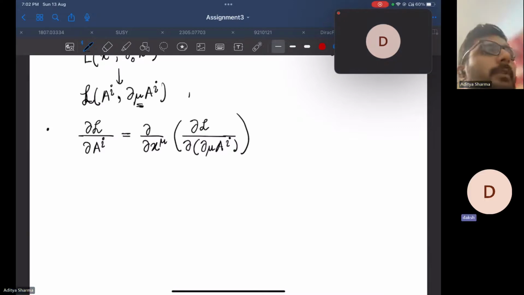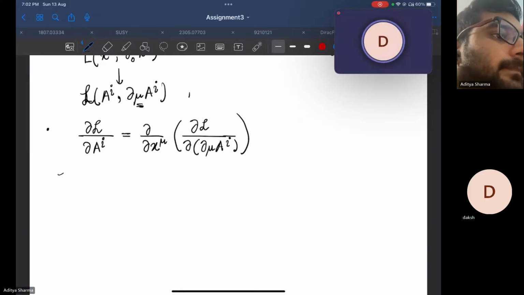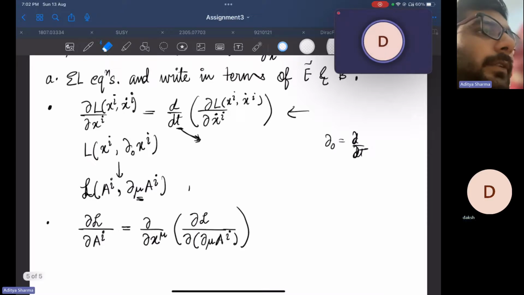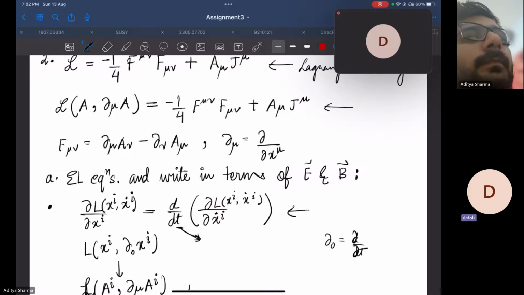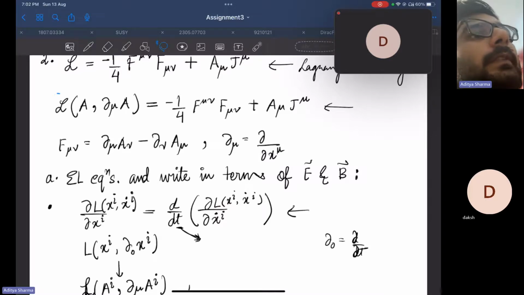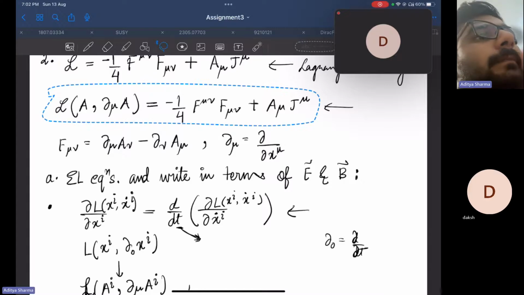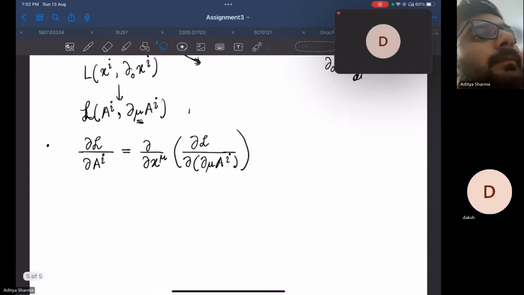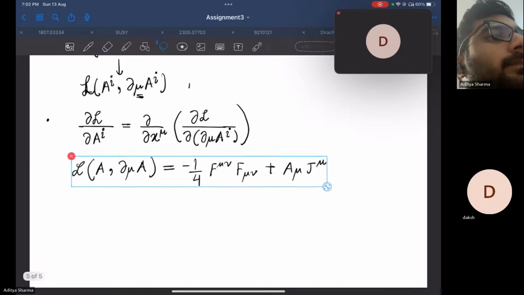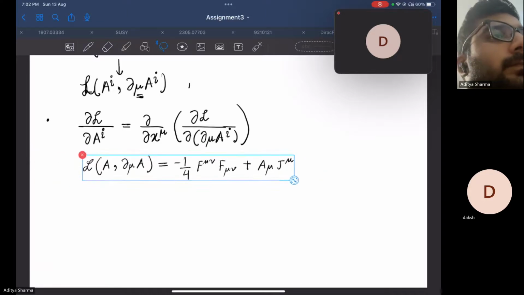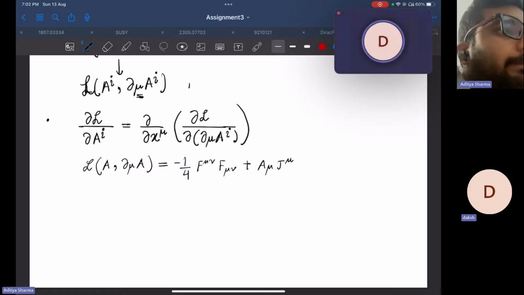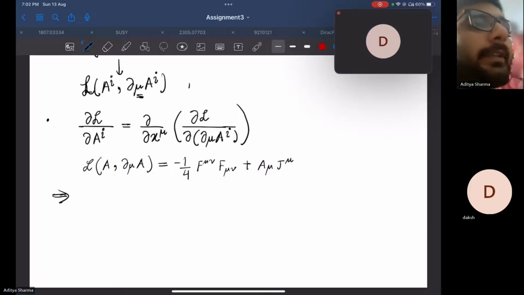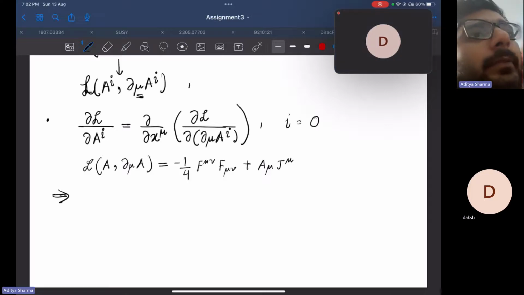Now your L is this equation. Now use this and put it there. So ∂L/∂A_i is nothing but, here i can run from 0 to 3, okay? 0, 1, 2, 3.